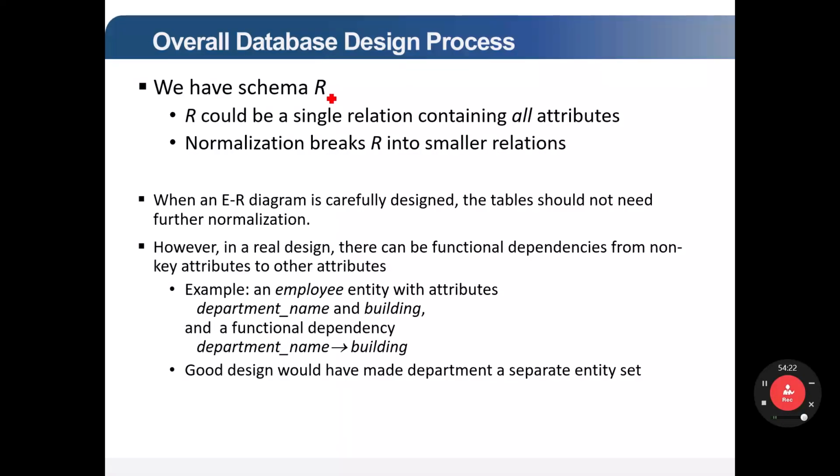So suppose you design the schema R, and this R can be in a really bad shape. This can be just one single table. Your schema can have just one single huge table containing all attributes from all different entities.